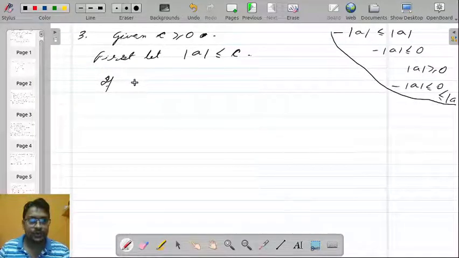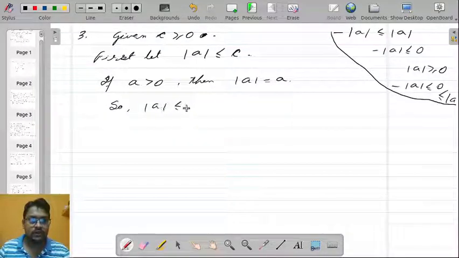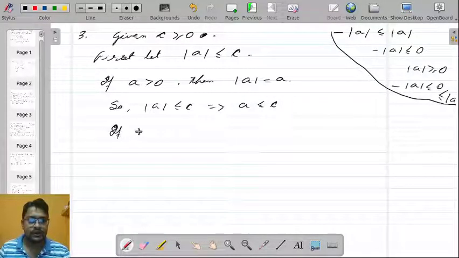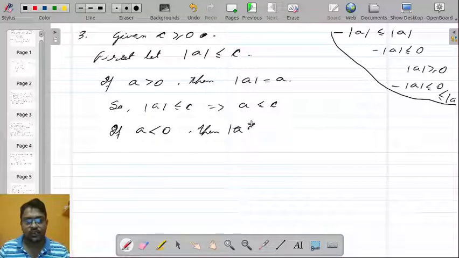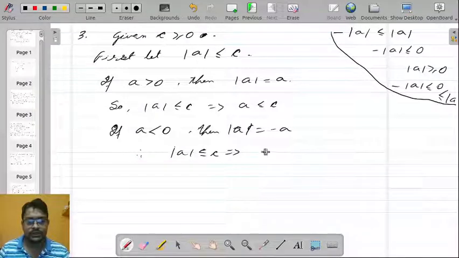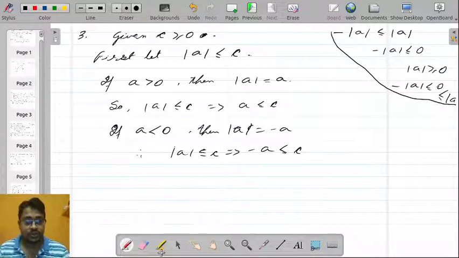So if A is greater than 0, then mod A is equal to A. So mod A less than or equal to C implies that A is less than or equal to C. Okay, and if A is less than 0, then mod of A is equal to minus A. So therefore mod A less than or equal to C implies that minus A is less than or equal to C. Okay, no, we have to do it in a different way.